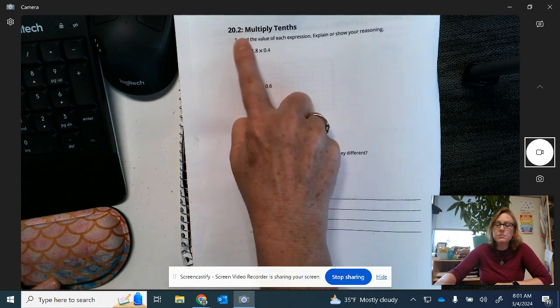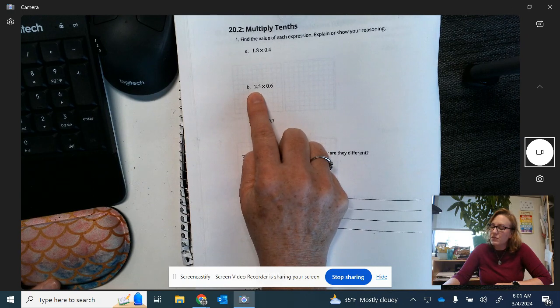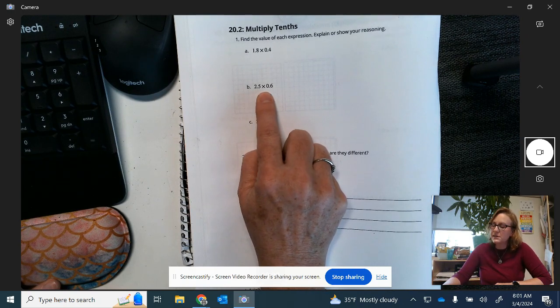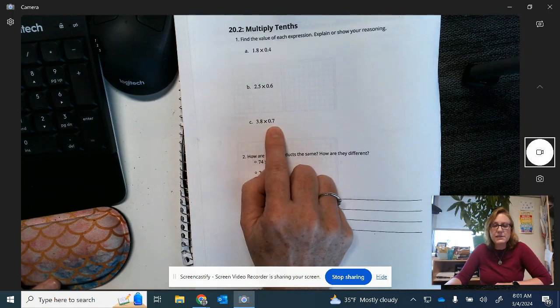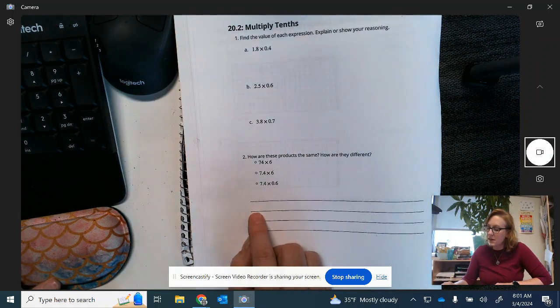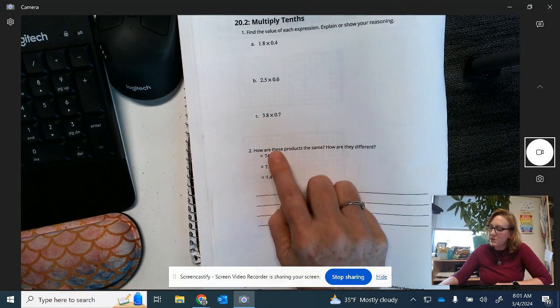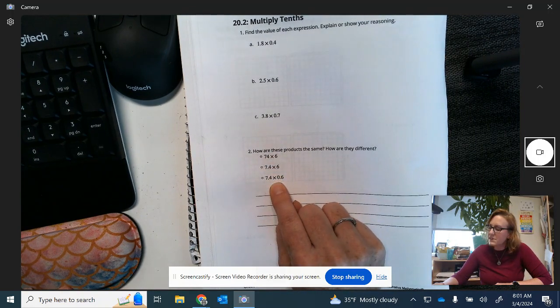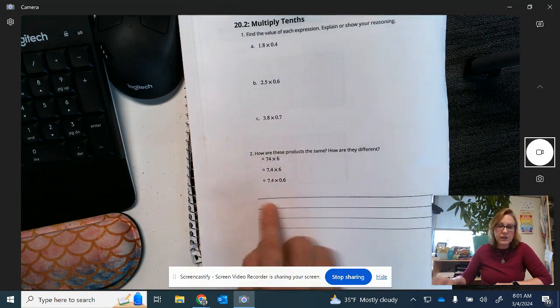So we're working on multiplying tenths, just like our objective today. And then you have 2 5/10 times 6/10, 3 8/10 times 7/10. And then you've got this fun question. How are these products the same? So all of these, how are they the same and how are they different? And then writing about what you notice.